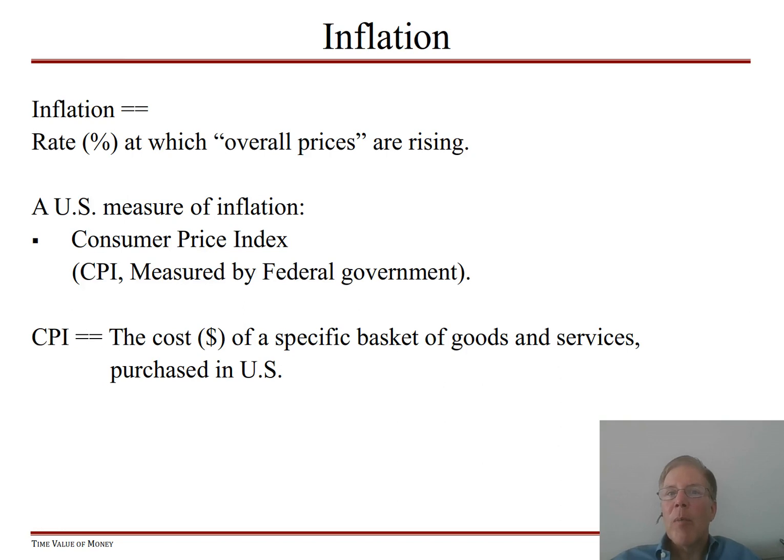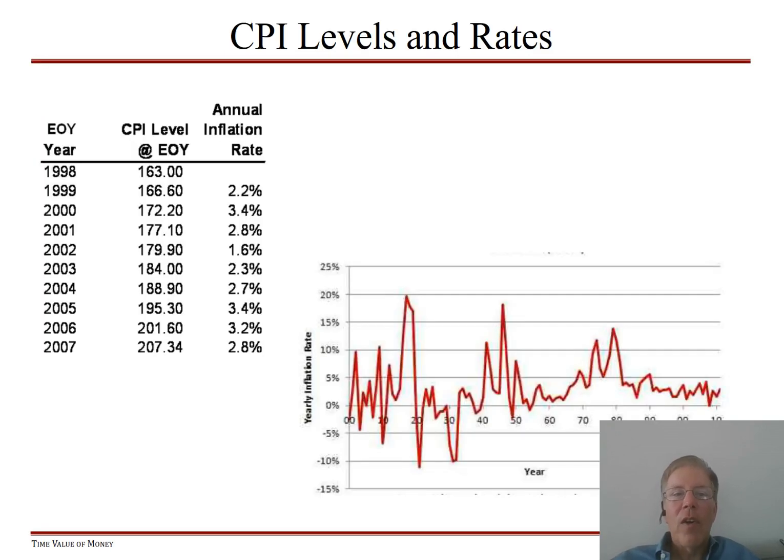There are a couple of common measures of inflation in the U.S., the GDP deflator and the consumer price index, and we're going to stick with the CPI, which is measured by the federal government. The CPI is just the cost of a specific basket of goods or services that are all purchased in the U.S. Every year, a branch of the U.S. government goes out and sees what this basket of goods and services would cost.